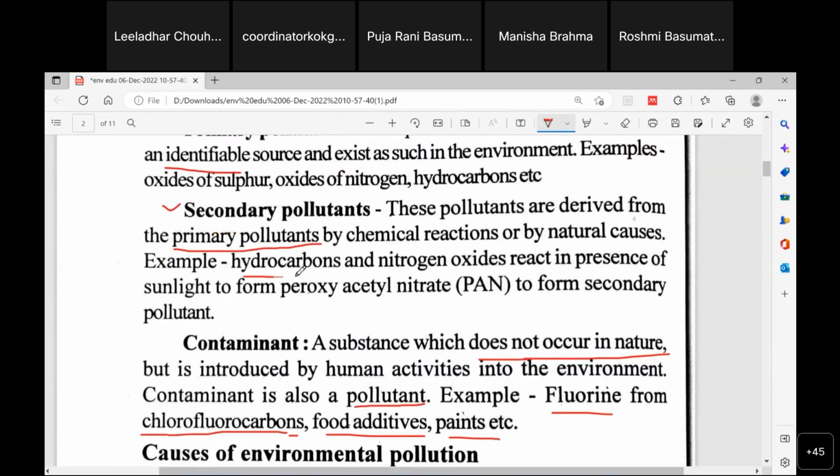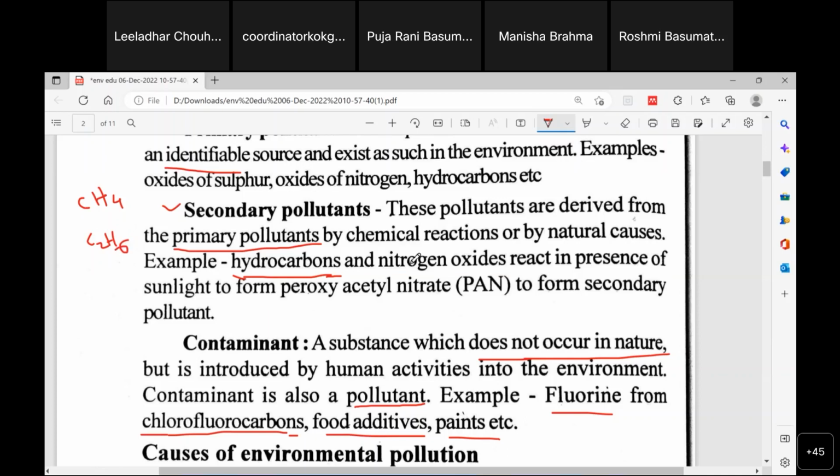For those who are not from a science background, hydrocarbons are compounds like methane, CH4, ethane, C2H6. These are known as hydrocarbons. They are compounds of carbon and hydrogen.